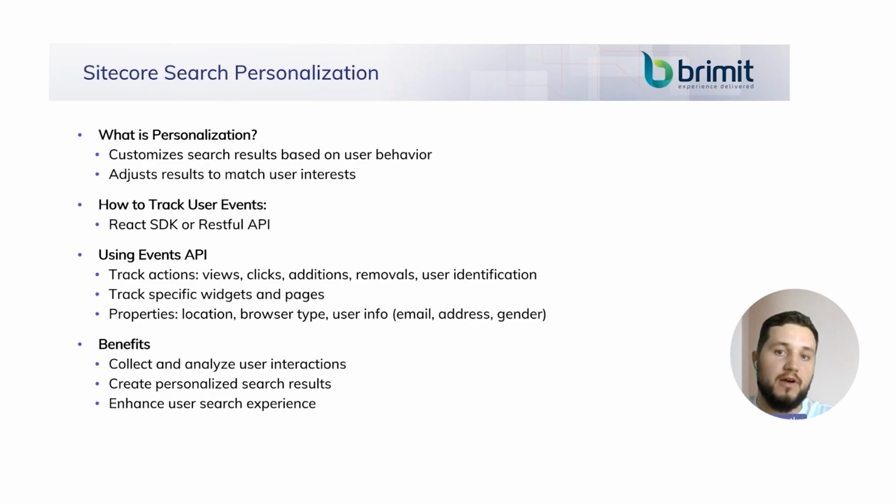Once you send the events, Sitecore collects all data and prepares statistics. You can use the statistics to understand how users interact with your website and create personalized search results for them. It is a great way to improve the search experience for your users.